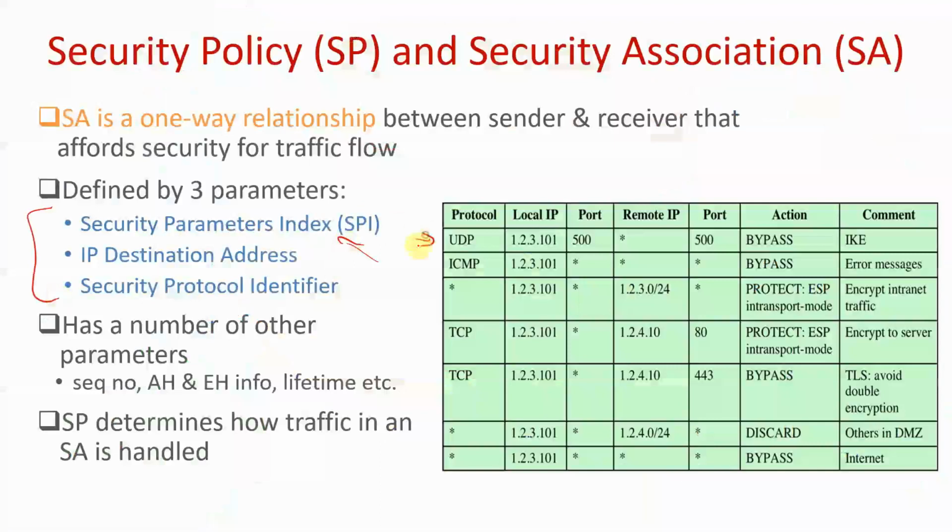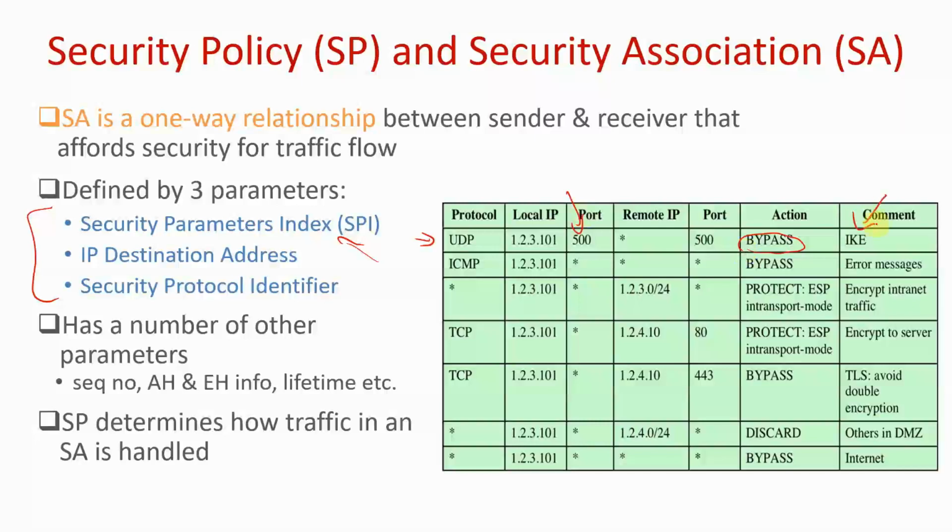For example, if you see the entry in the first row here, this entry is basically saying if the upper layer protocol is UDP, and if the local IP address, which is the source IP address, is this one, and the port number is 500, it doesn't actually matter what the remote IP address is, you can bypass this packet, meaning that the packet does not have any security or IP security features. IP security can just bypass it and send it as it is, meaning that this particular application is unprotected. I don't care actually about protecting it.